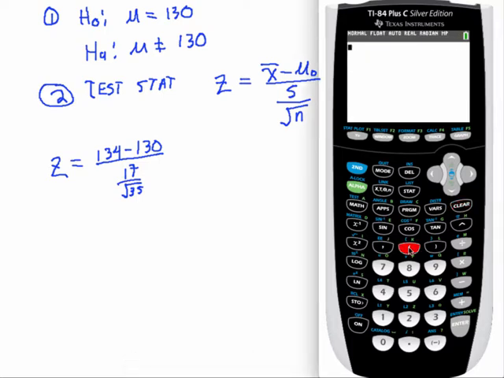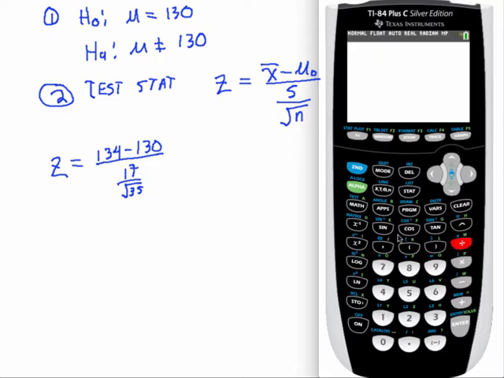Okay, so clear all this craziness out from algebra in there, and let's go ahead and do some stats. Be sure and open a set of parentheses for your numerator before you do this calculation. That big fraction bar is an inferred set of parentheses. You have to be explicit about that when you put it in the calculator. So there's our 134 minus 130, and then divide, and then we'll open a set of parentheses for the denominator.